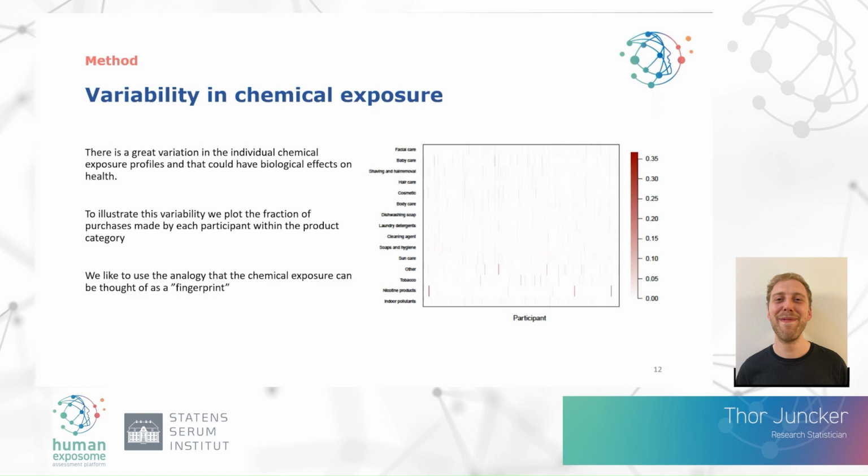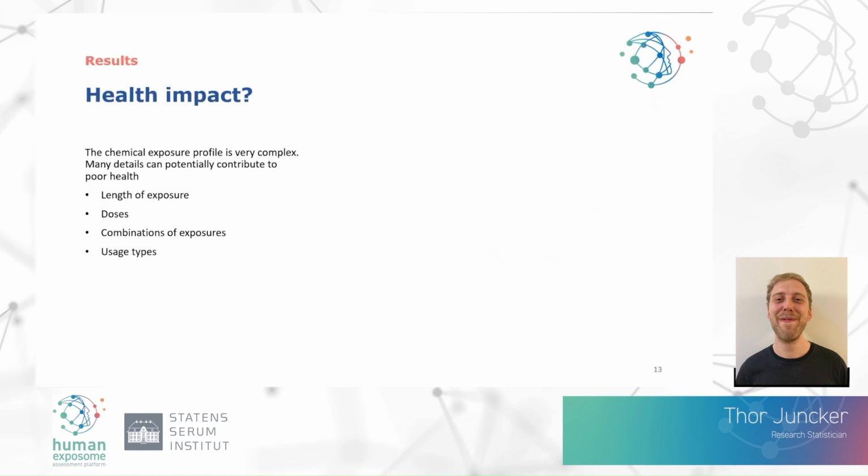And we like to think of this kind of figure as a chemical exposure fingerprint, where every single person has a very unique combination of exposure. The exposure profile is very, very complex, and many of the details can contribute to poor health when it comes to these profiles.